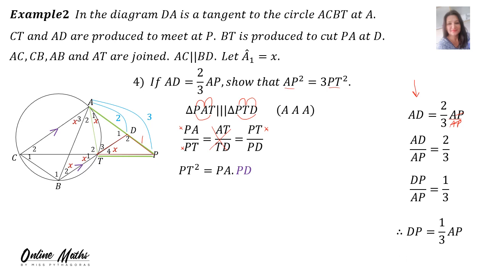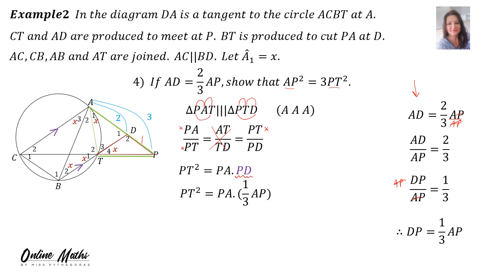And then we can make DP the subject of the formula, so we will multiply the AP both sides. Therefore, DP is a third AP. And then when we go back to our sum, there's PD or DP, so in DP's place we substitute a third AP.